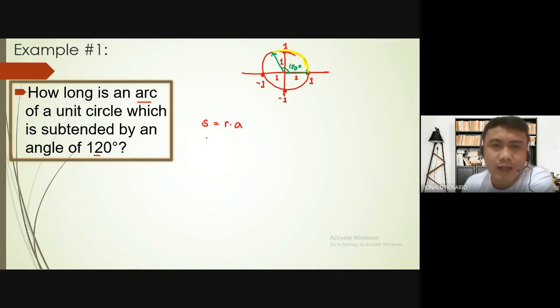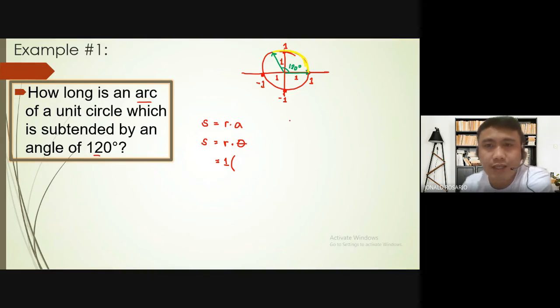Or para universal na lang ang ating formula, instead of A, gamitin ko na lang yung theta. What is our R? Since ang ating given na circle, a unit circle, ang ating r is 1 unit. At ang ating theta ay 120 degrees.